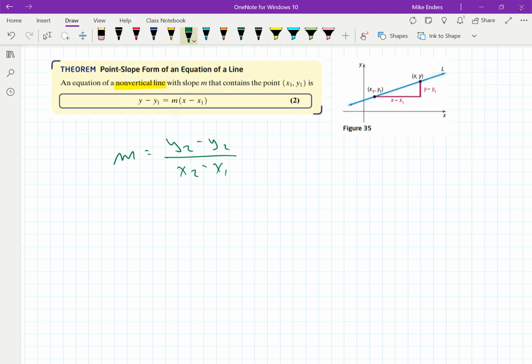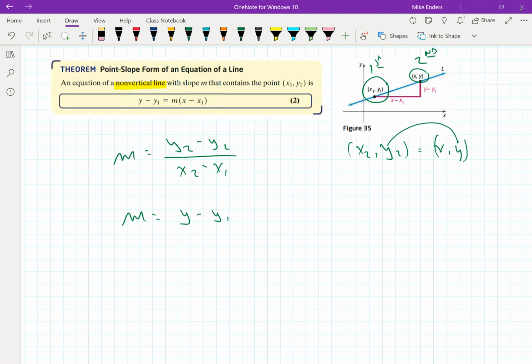We have here x1, y1, that's our first point. Then we have a generic xy here, and that one is our second point. So x2, y2 is now just xy. Going back into my slope formula, instead of y2, that's just y. So I got y minus y1.